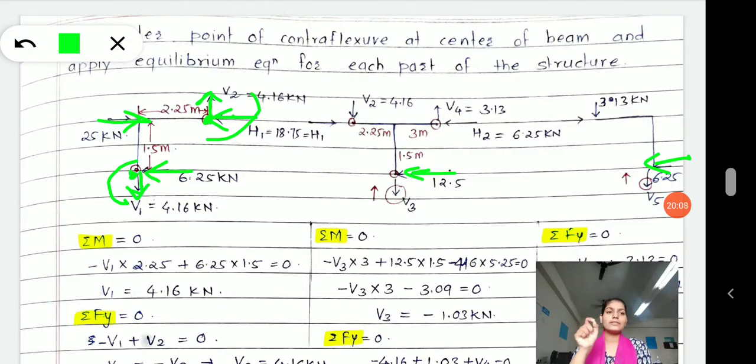Whenever I am showing the internal forces at the cut section, the question is in which direction they act, then we will assume it. If we are assuming, we will assume in this direction only. It will help you.